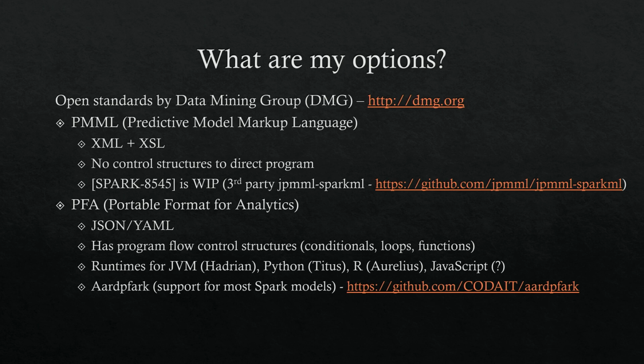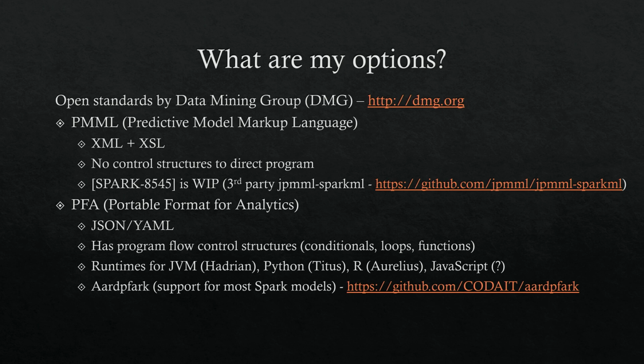Another two things I want to highlight: a different approach where a group of companies, including IBM, decided we have to build a standard, and most of you already know about PMML. It was a de facto standard at some point. Now it's less and less popular because of its limitations.